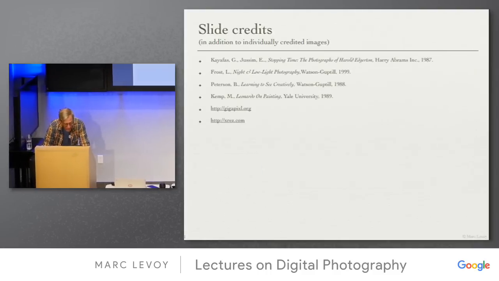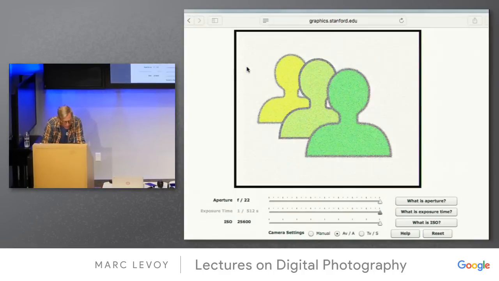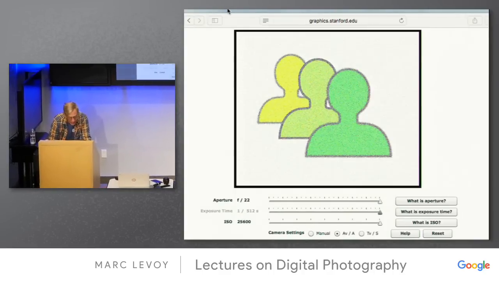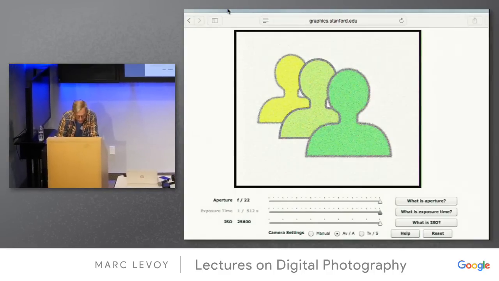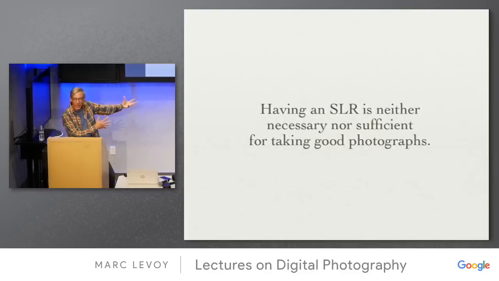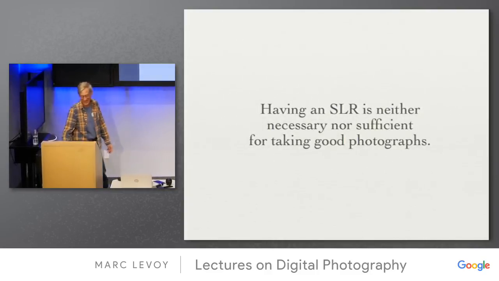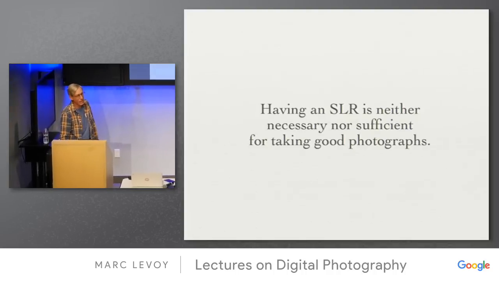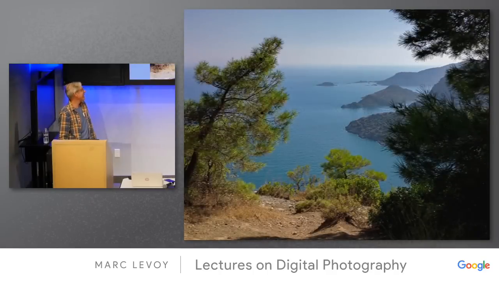Okay, so we've got one more very quick thing to do today, and just enough time to do it, and that is choosing the camera if you're going to choose a camera. I remember from the survey last time that a lot of you already have pretty good cameras, but if you were to choose a camera, remember this important rule. You can take good pictures with cell phones in many cases.